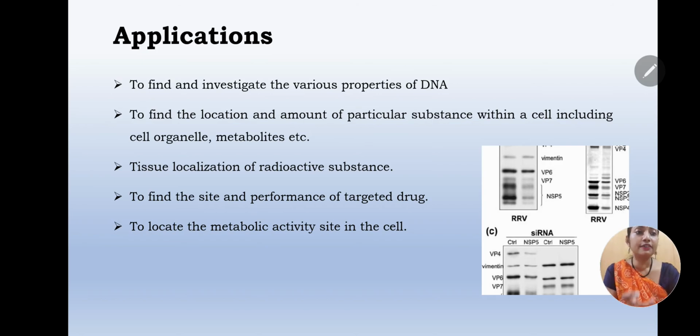That is, if a weak black or a grey color band is seen, it indicates that the activity of that particular gene is less, or the concentration of that particular gene is less. If it is seen in greater dark color and thick bands, then we can say that it is present in greater quantity and the concentration is high, or the activity is high.